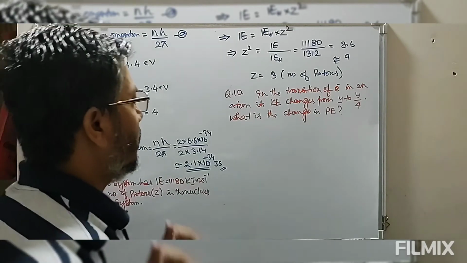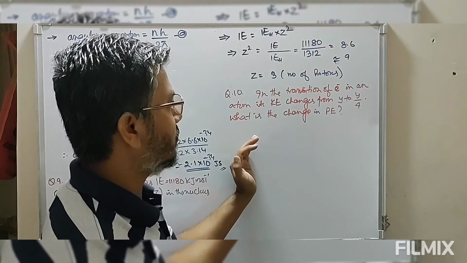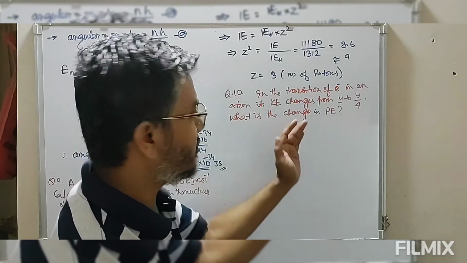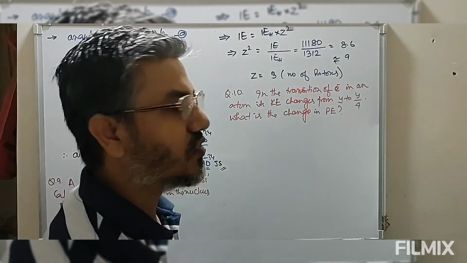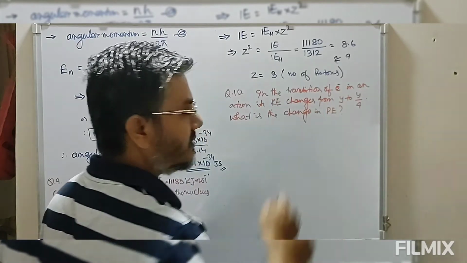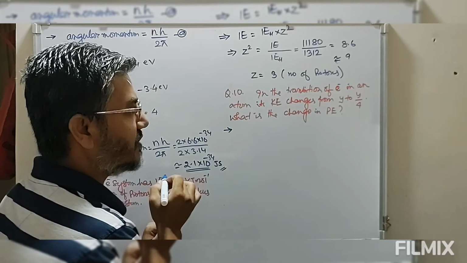Now we have a transition of an electron in an atom. During this transition, the kinetic energy changes from Y to Y by 4. What is the change in potential energy during the same transition? Kinetic energy is given, so we have to find the relation between kinetic energy and potential energy.